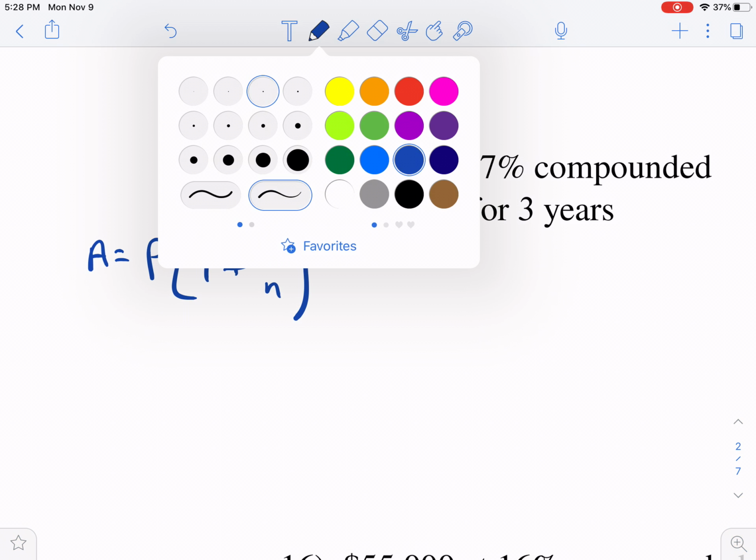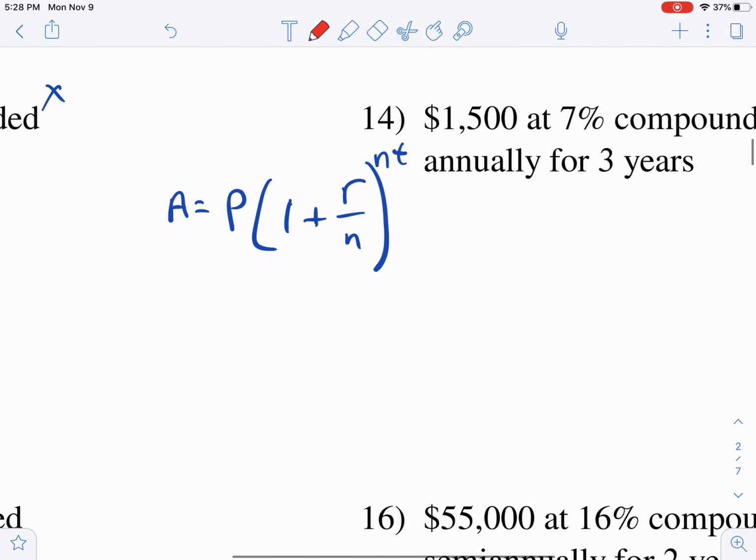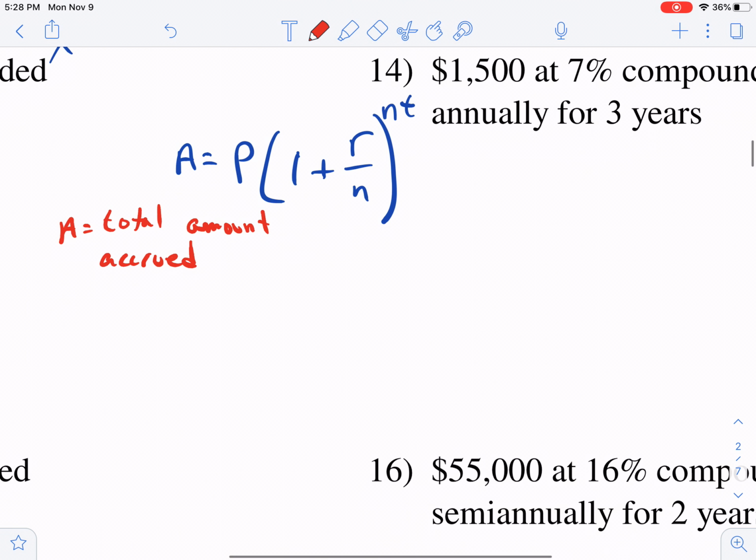So, what do all these things mean? Well, A is the total amount accrued. What that means is this is what you're going to have in total at the end of this period.